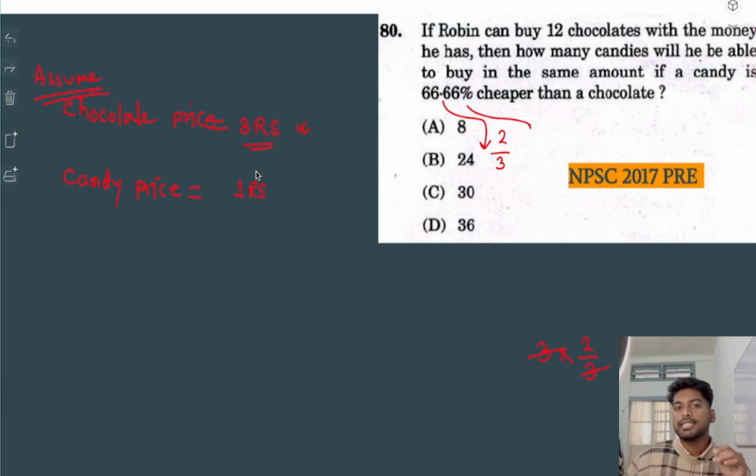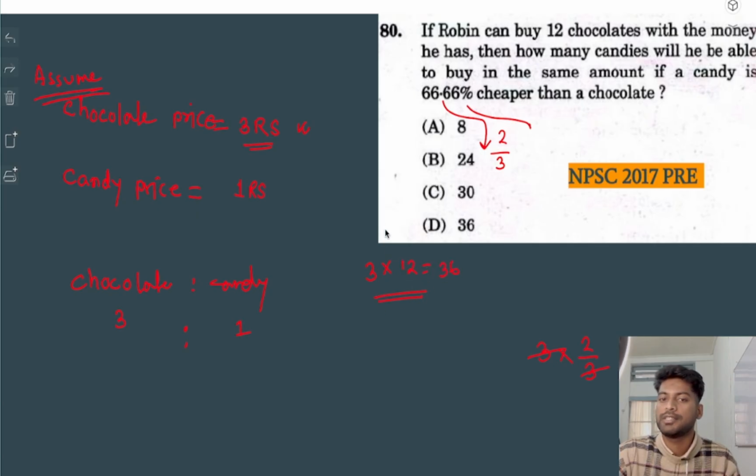Now look, this is the ratio of chocolate and candy price: chocolate is 3 rupees and candy is 1 rupee, because this is all our assumption. Now tell me, if chocolate price is 3 rupees and a person can buy 12 chocolates, how much money did he have? 3 into 12, he spent 36 rupees.